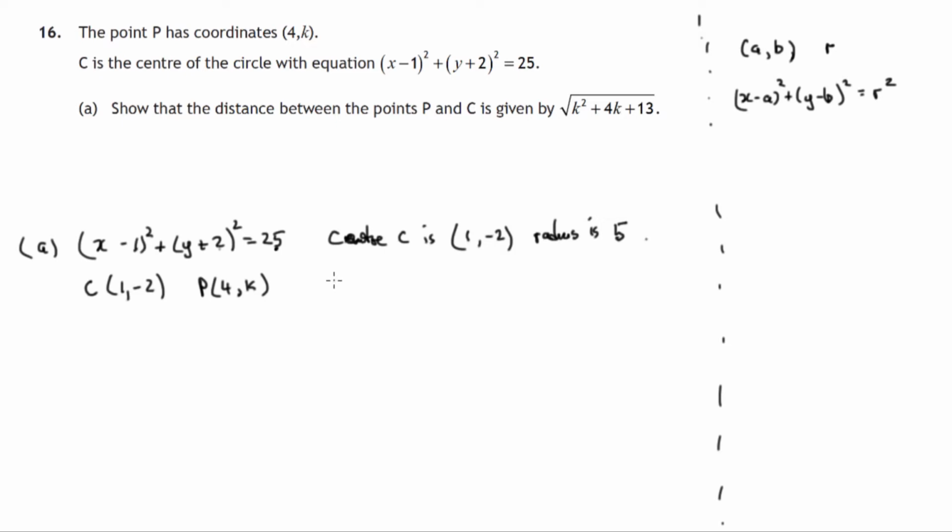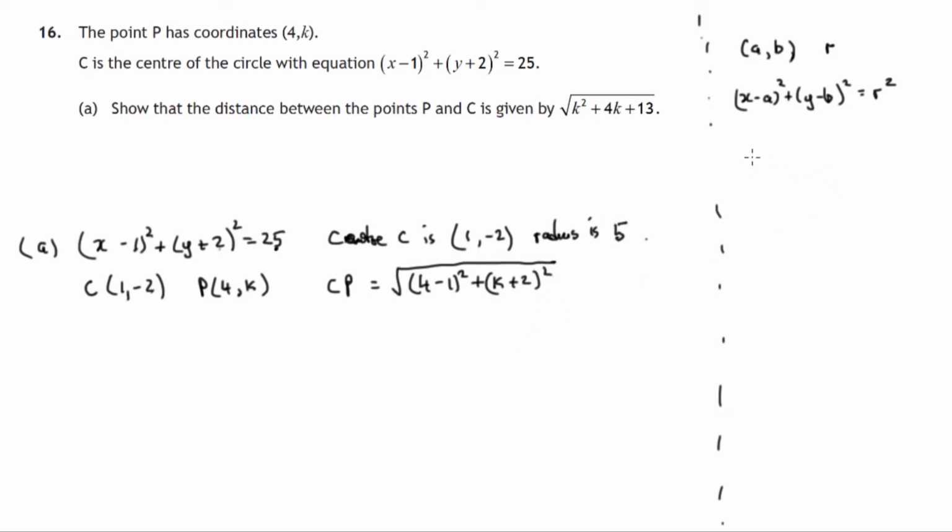So the distance between these two, this is the distance formula, would be the x difference squared plus the y difference squared. Let's do it with this point first: 4 minus 1 squared plus k minus negative 2, that's k plus 2, squared.